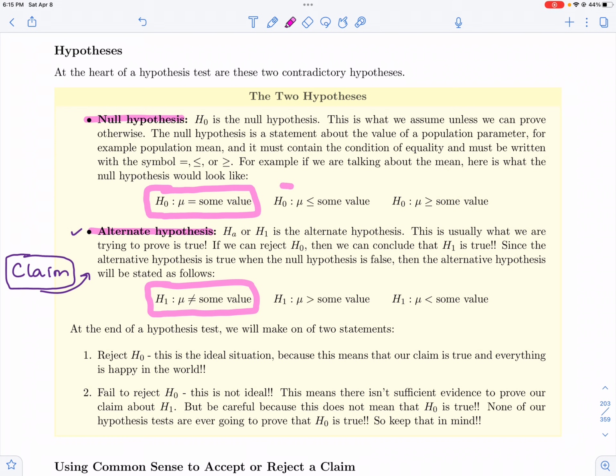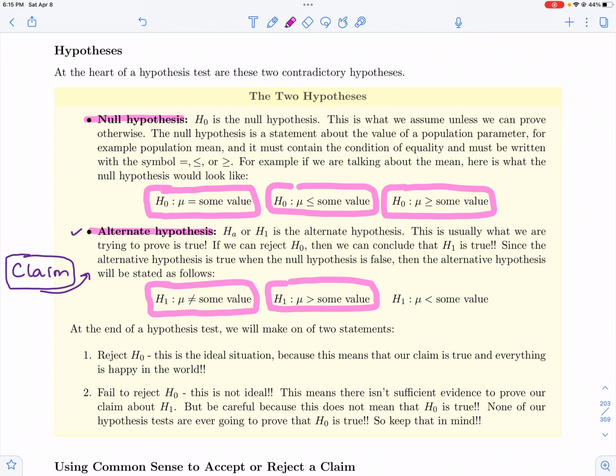Similarly, for the next one, we've got mu is less than or equal to, so the opposite inequality would be mu is greater than that value. Finally, if H naught is mu is greater than or equal to, then our alternate has to be mu is less than whatever that value happens to be.